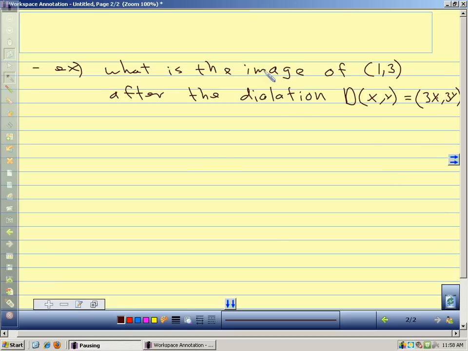And the image just means what do we get after we do the dilation. So what this is asking us, what happens to the point 1, 3 after the dilation (3x, 3y)? And we also want to know what is the scale factor.